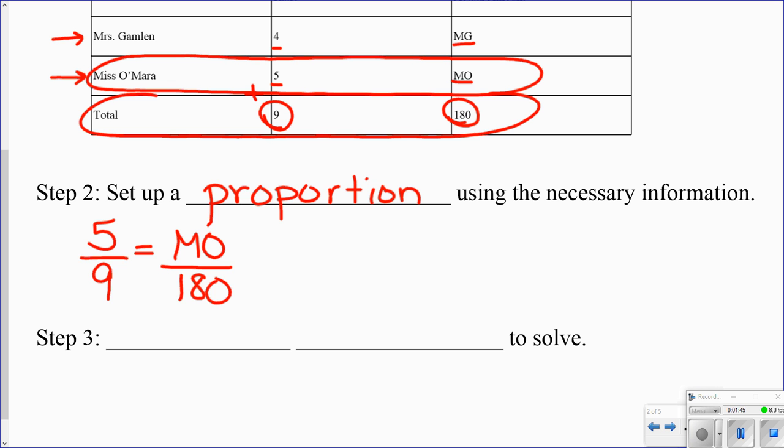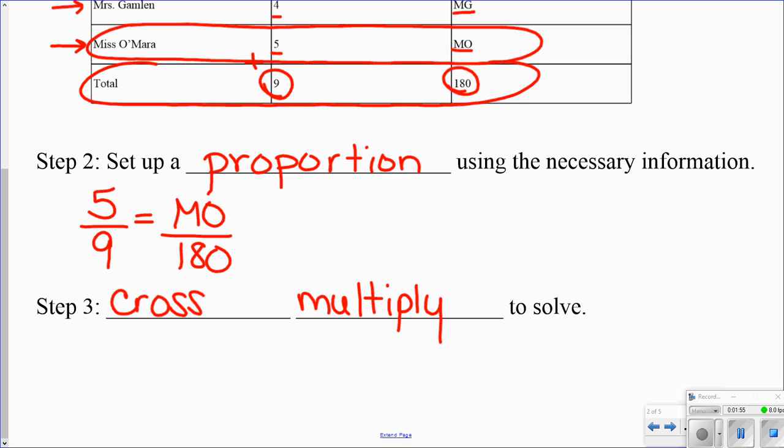Step 3, I'm going to cross multiply to solve. I'm going to shorten Miss O'Mara's abbreviation up here from MO to just an M down here into my proportion before I cross multiply.